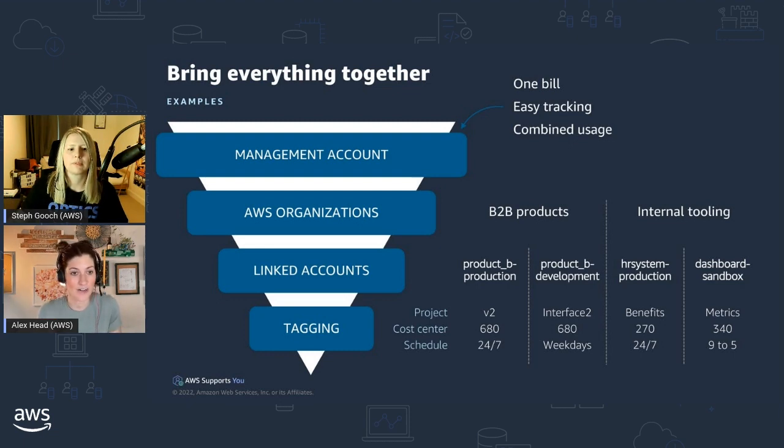Second, the cost center, which your finance team would define, like how are they coding it in their system? And third, this one is a little unique to me: even if you're not turning resources on and off, you should have a schedule. Is this supposed to be a 24/7 resource? Making people think about that when they get started.